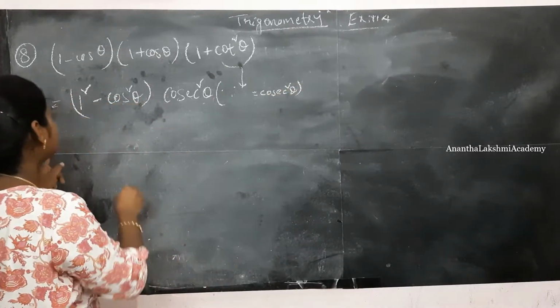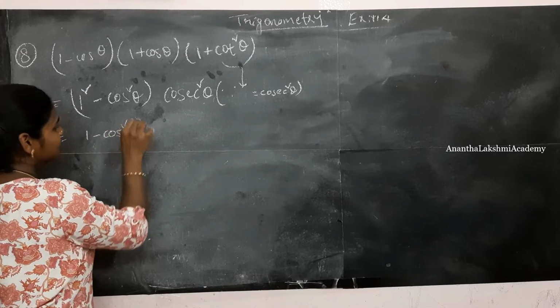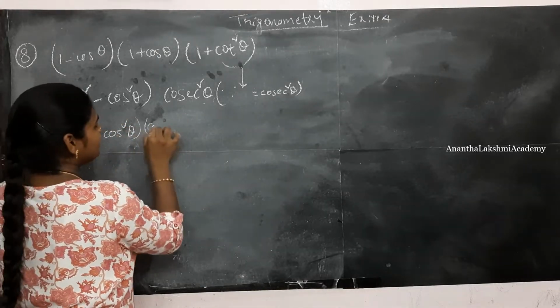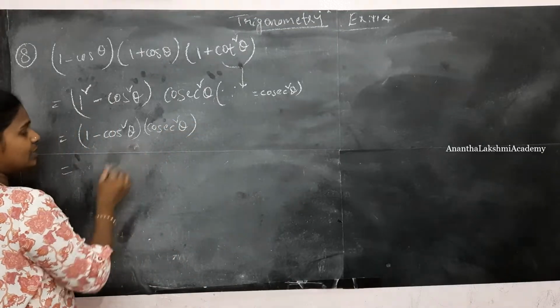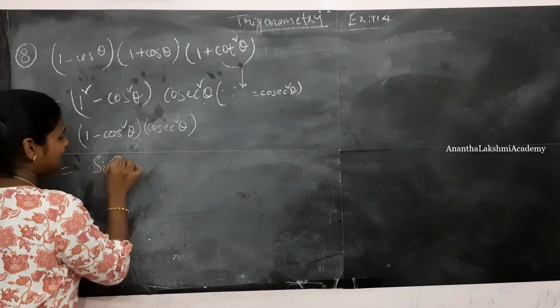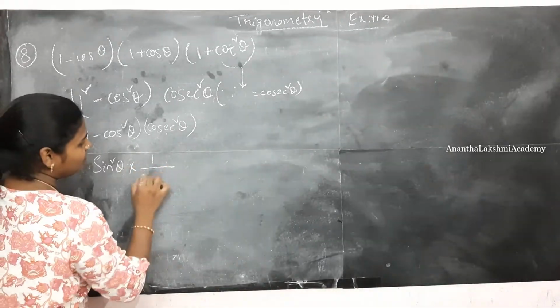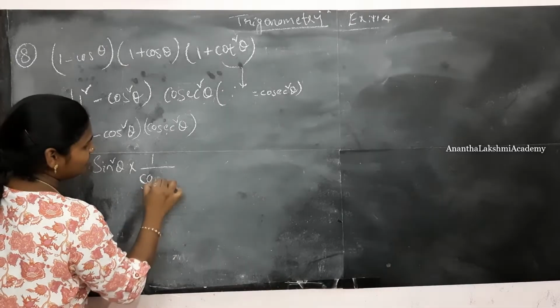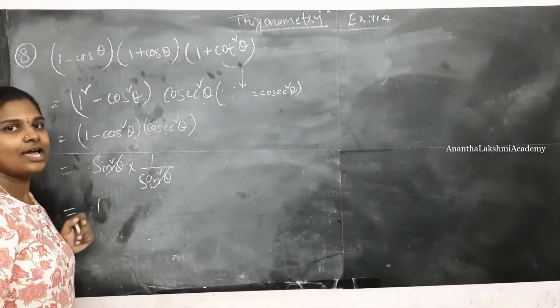Okay, so this becomes (1 minus cos square theta) into cosecant square theta. 1 minus cos square theta is nothing but sin square theta, multiplied with cosecant square theta, which is nothing but 1 by sin square theta. This gets cancelled and the answer is 1.